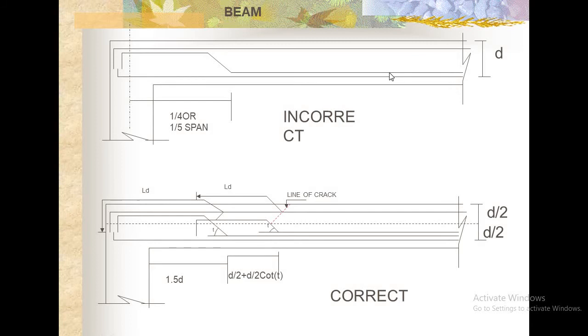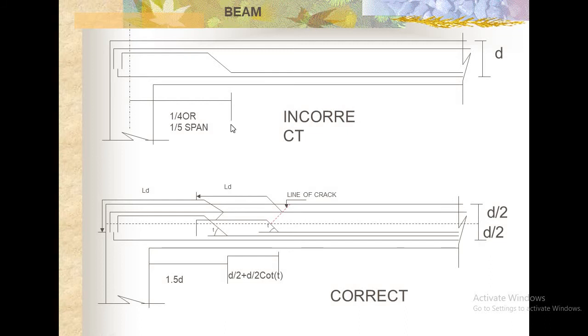So we bend up alternate bars to ensure the minimum percentage of reinforcement at the support. Here will be 100% of reinforcement, and here also 100% of reinforcement. This is the way we do the bending up.